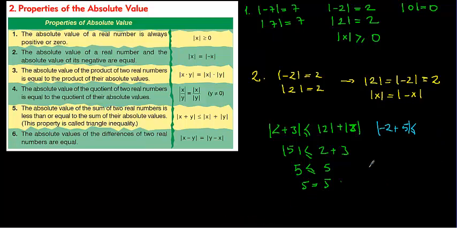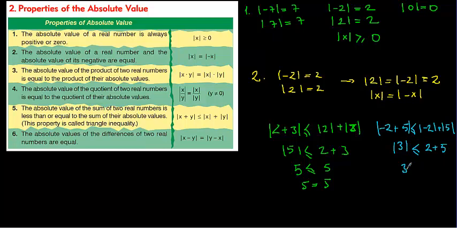Then the result is going to be, as you see, absolute value of -2 plus absolute value of 5, which is here this is absolute value of 3, here it's going to be absolute value of -2, and absolute value of 5 is 5.